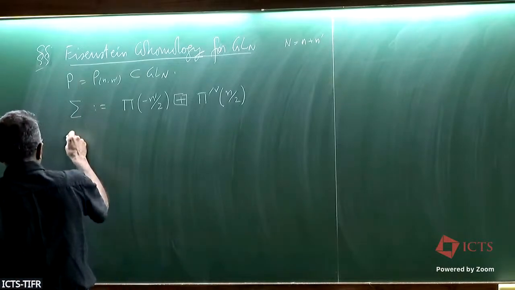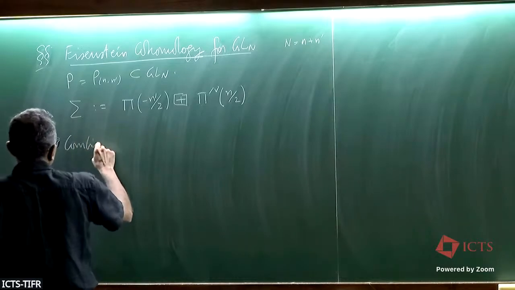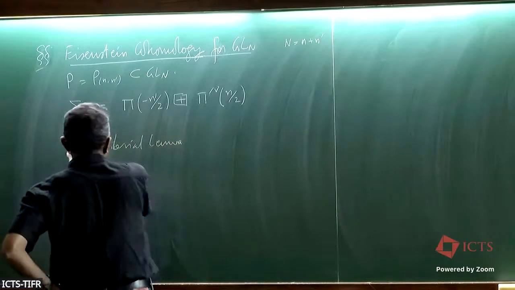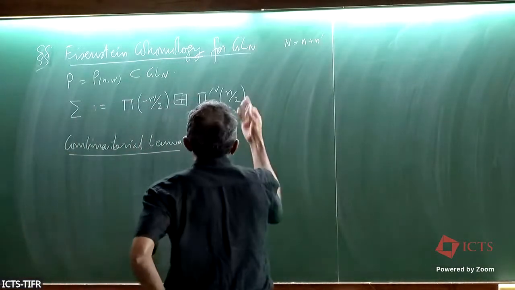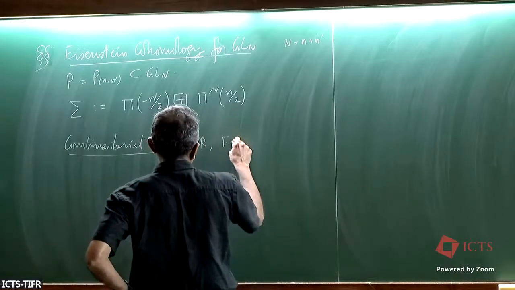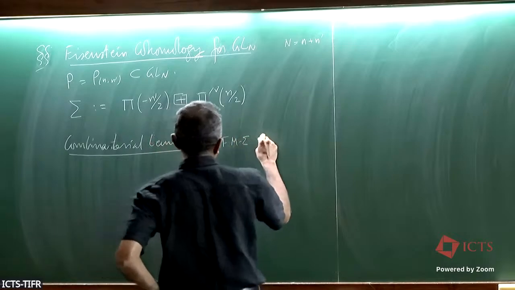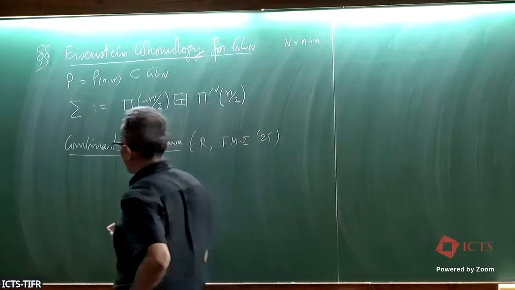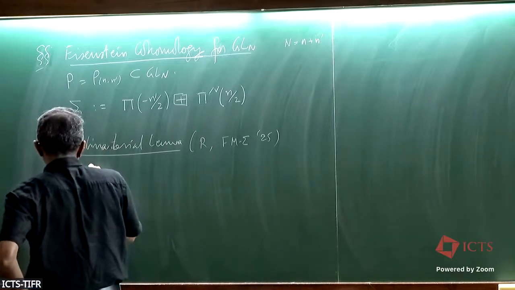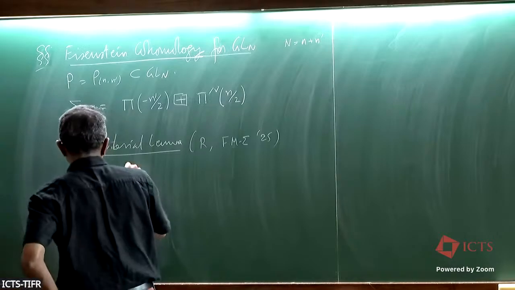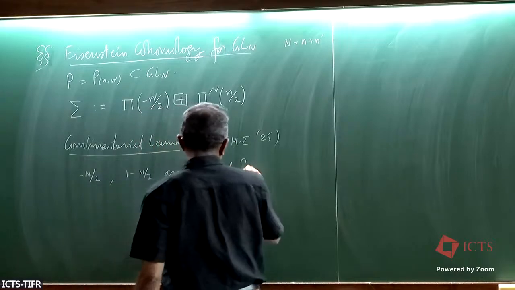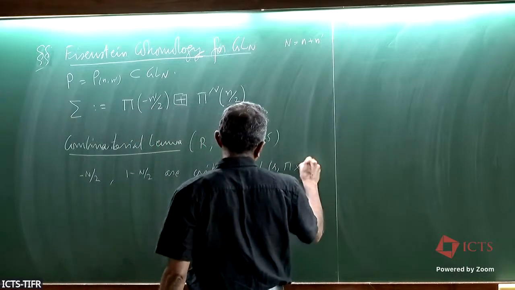So towards this, there's a combinatorial lemma for GLN over a CM field, this is in my recent paper in Forum of Math Sigma. If I assume the points, in fact, these two are equivalent, the points minus n by 2 and 1 minus n by 2 are critical for the L function pi cross pi prime.